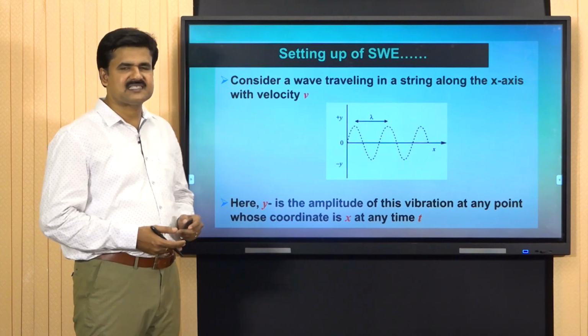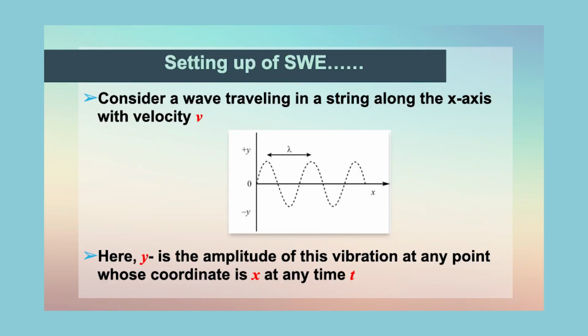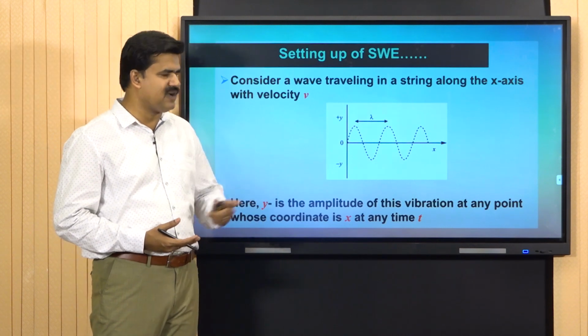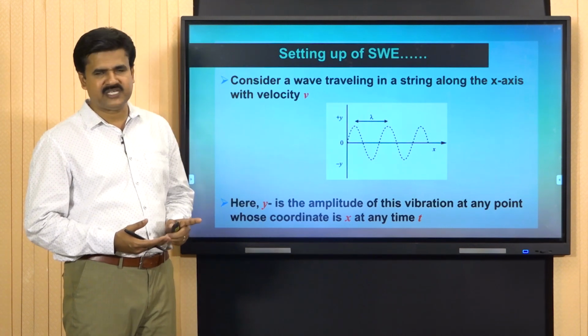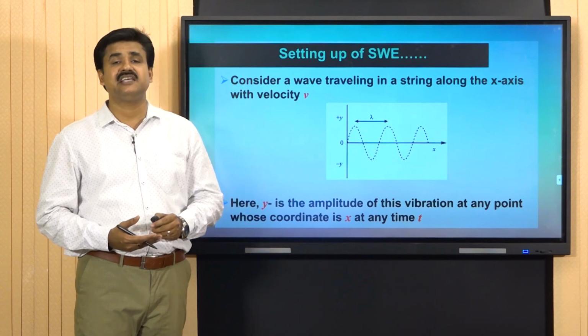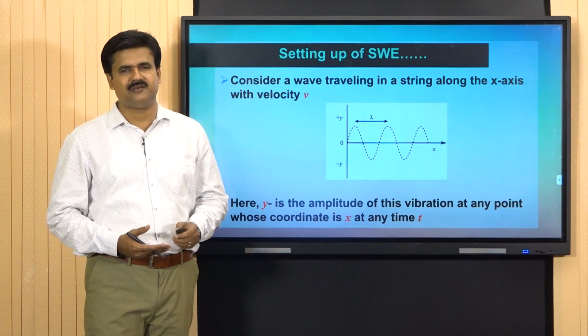The picture represents such a wave motion, and here it is clear that the wave is propagating along x direction, and the height of the wave that is taken as y, or y represents the amplitude. Y is the amplitude of this vibration at any point whose coordinate is x, at any time t. This is the description of a classical wave.